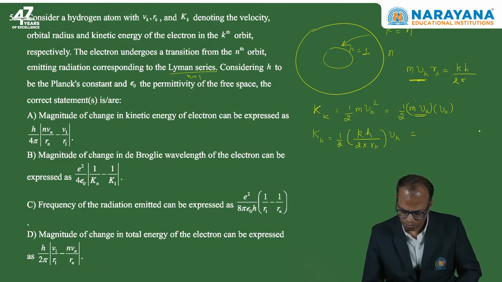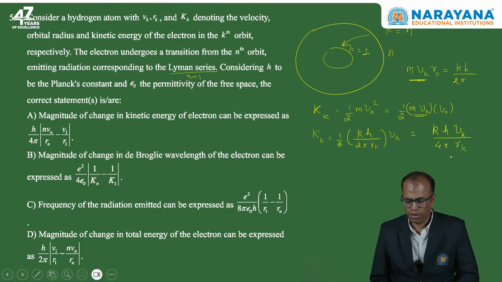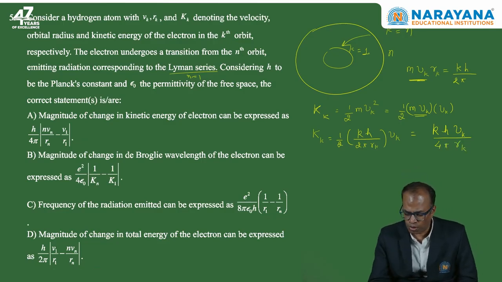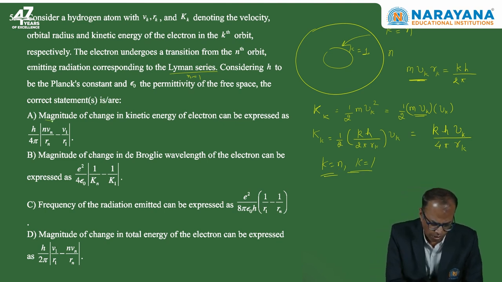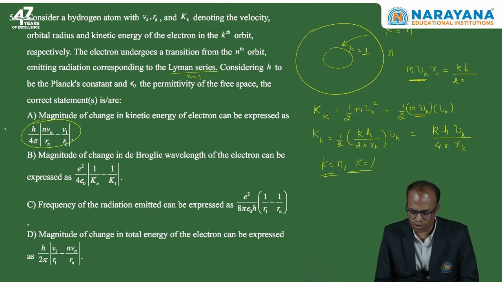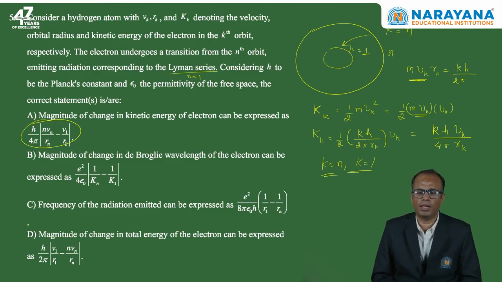So this becomes kinetic energy in the kth orbit as k h vk by 4 pi rk. So I can put k is equal to n and k is equal to 1 to find the change in kinetic energy, and if I put k is equal to n and k is equal to 1, I am going to get option A as the magnitude of change in kinetic energy.